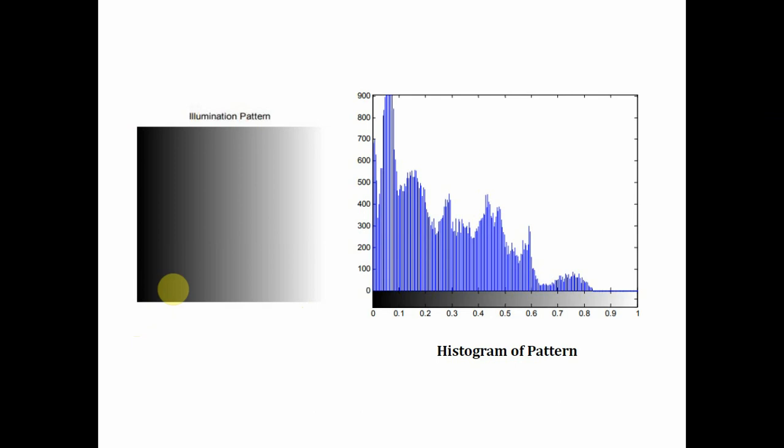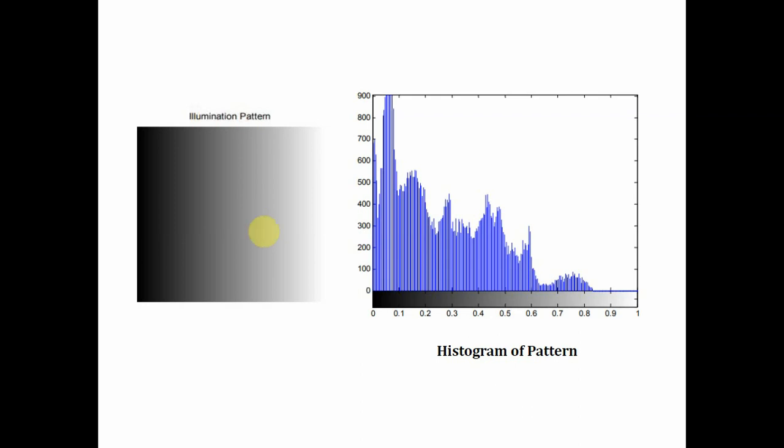If you put all the pixel occurrences in the histogram, you will get a histogram like this. You can say the cumulative density function, or probability density function, is very near to zero. That is why you have the illusion that the black is changing to white. So this is nothing but the histogram pattern of an illumination pattern.